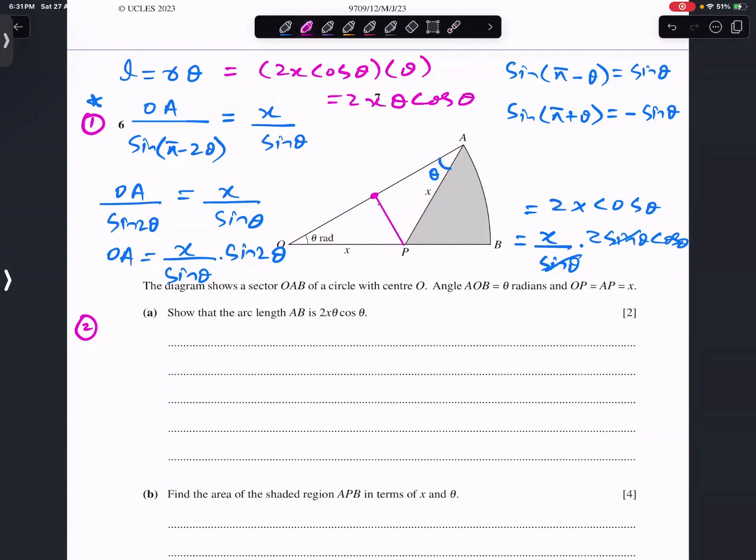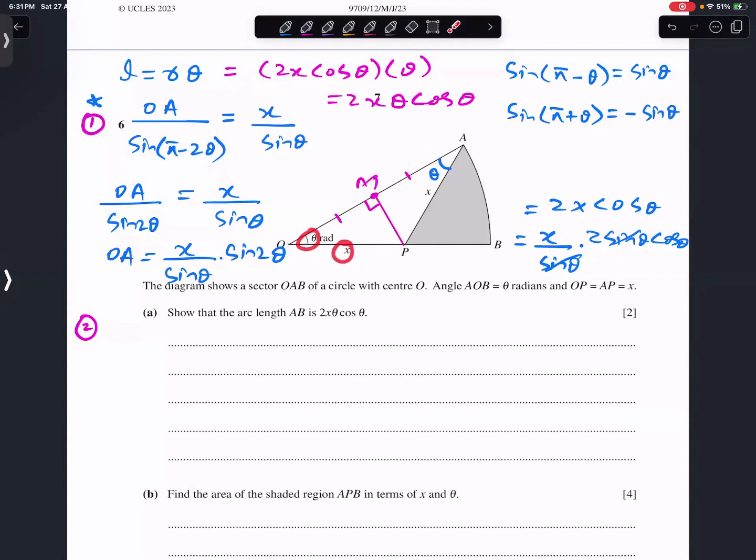So if you draw a perpendicular on the base side of the isosceles triangle, this will divide it into equal parts. So now these two lengths are equal. So now we have this right triangle. So let's say this is M. So how to find OM using this right triangle?